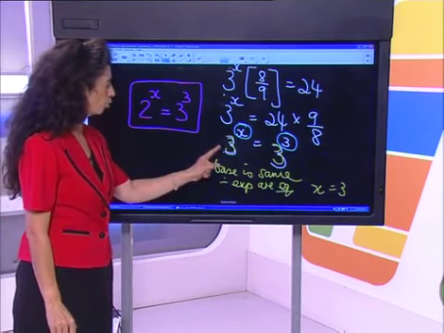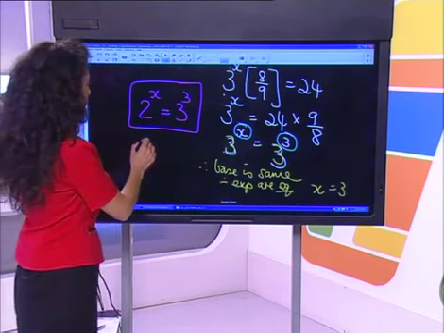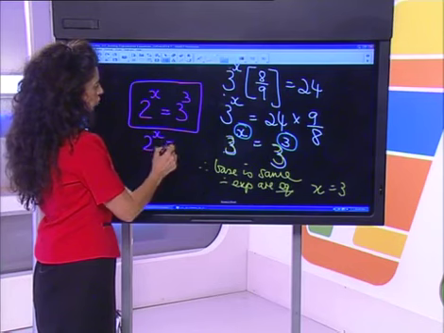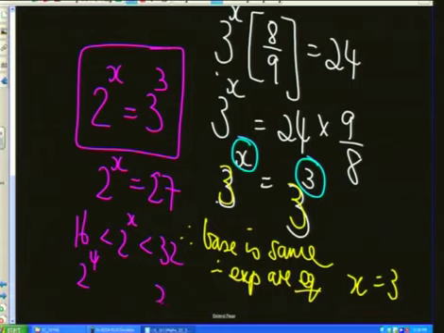For now, you should be able to get everything onto the same base, although some of you may be saying to me, yeah, you think that you could do this, because this is equal to 27, and you'd be looking at which of your powers of 2, do you know, are closest to 27? And you'd be saying something like this. 2 to the x you think would be between 32 and 16, because that would be 2 to the 4 and 2 to the 5, and so x would lie between 4 and 5.